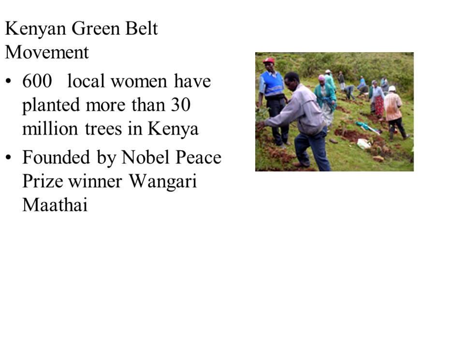These efforts aren't confined to the United States. As mentioned before, the Kenyan Greenbelt movement was founded by the late Wangari Maathai. 600 local women have managed to plant more than 30 million trees in Kenya and restore forests.